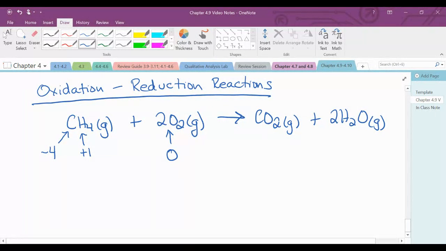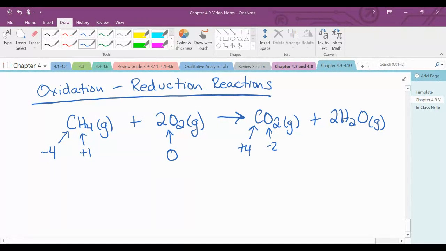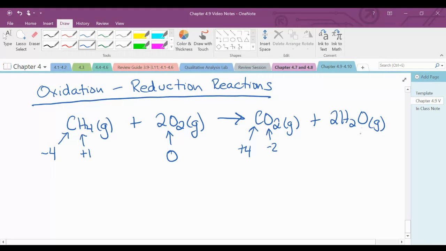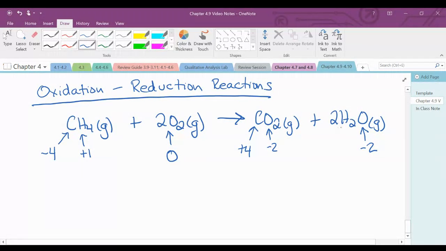Here, oxygen in the compound is negative 2. There are 2 of them, so negative 2 times 2 is a negative 4, so that means carbon has to be a positive 4. Oxygen's a negative 2, and hydrogen's a positive 1.